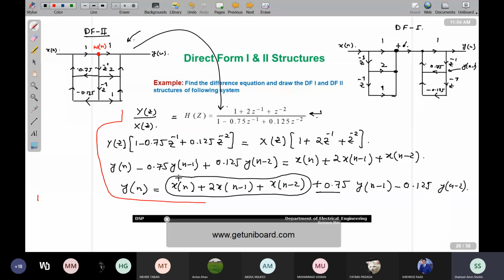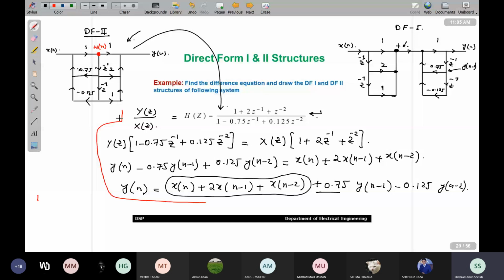Now you should be able to convert your transfer function into a difference equation, or a difference equation into a transfer function. And from your difference equation, you should be able to draw the direct form 1 and direct form 2 structures, and from the transfer function, you should be able to draw your direct form 1 and direct form 2 structures.